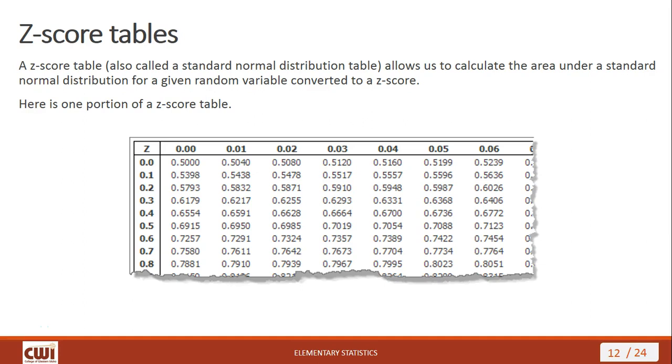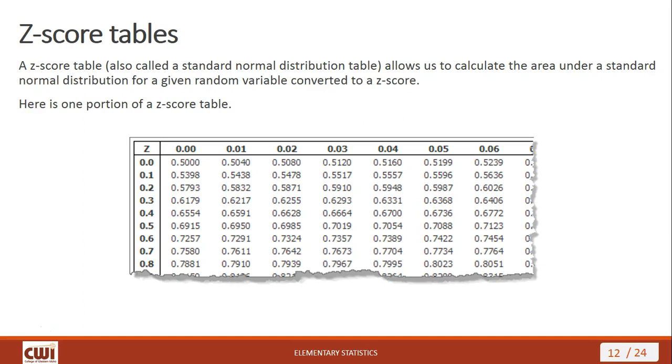The areas that are calculated in a z-score table are typically those to the left of the z-score. So if you want something to the right of the z-score, you end up having to take the complement of the number that you find in the table. We'll go through all of that here momentarily.